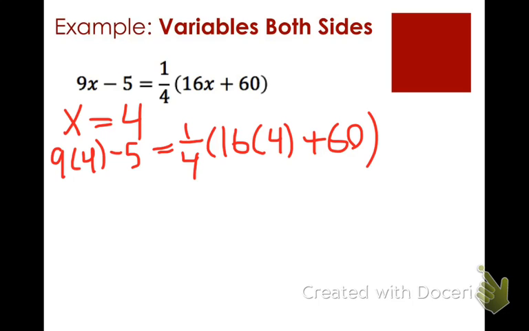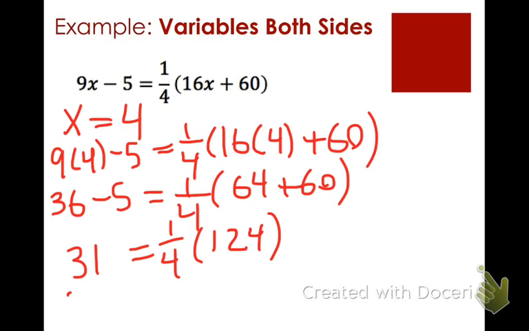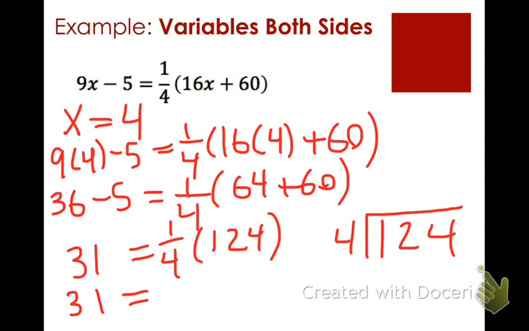Well, 9 times 4, that's 36 minus 5. 1/4 of 16 times 4 is 64. 36 minus 5 is 31. 64 plus 60 is 124. And 1/4 of 124, if you don't know that off the top of your head, 4 into 124 goes in, well, 4 goes into 12 3 times, 4 goes into 1 once, 4 goes into 4 once, so it is indeed 31.